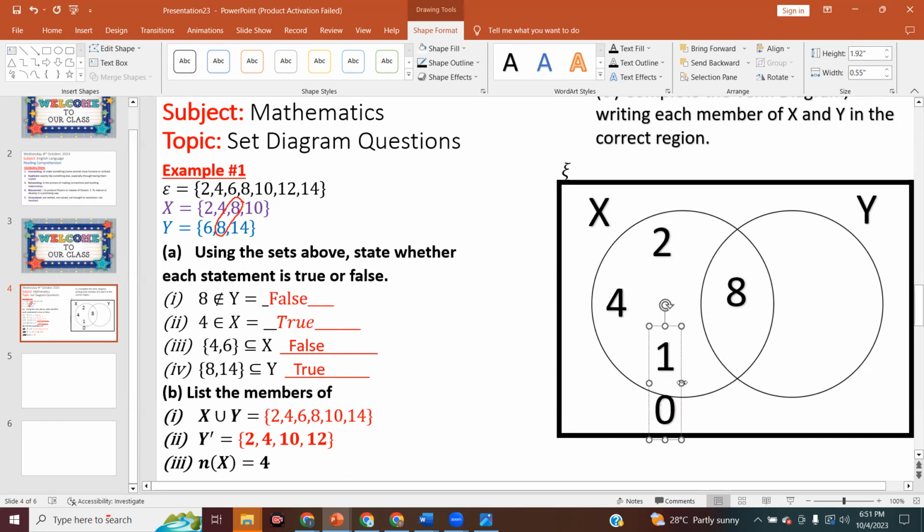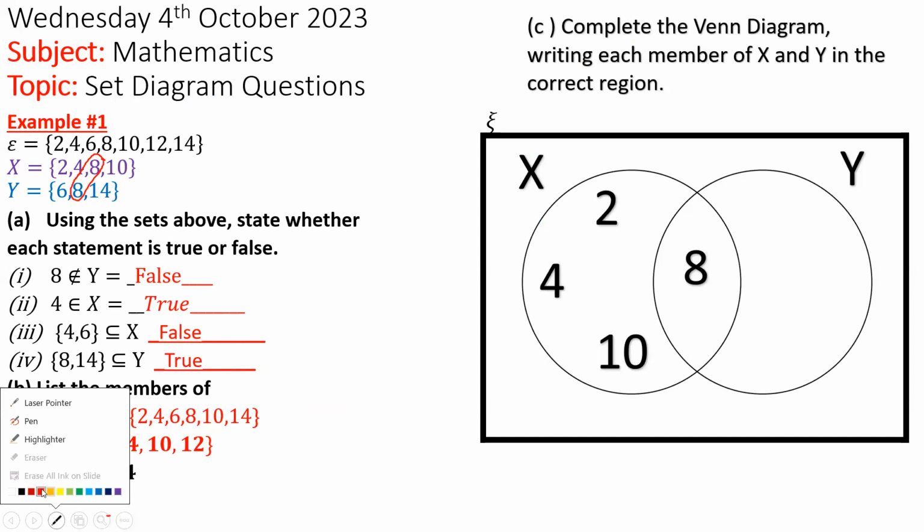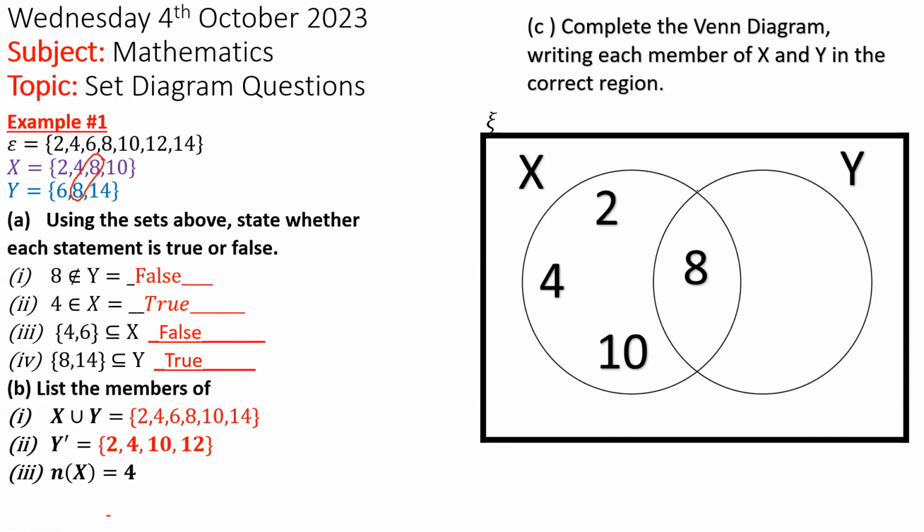Now, some person may be wondering, where did we get that from? But no need to worry, because I'm going to explain it again. The idea is that this whole set is X, and X has 4 elements.